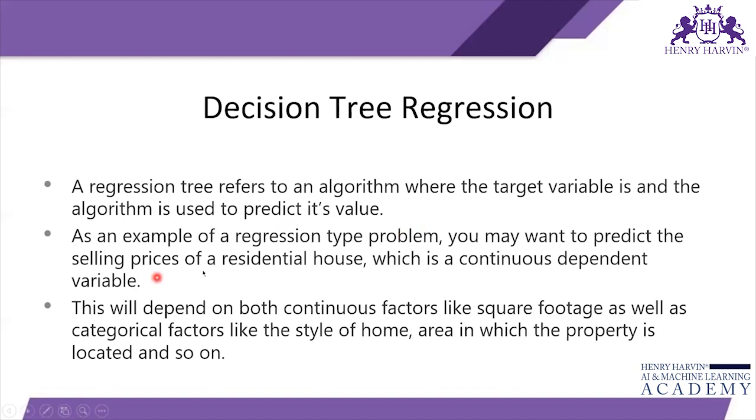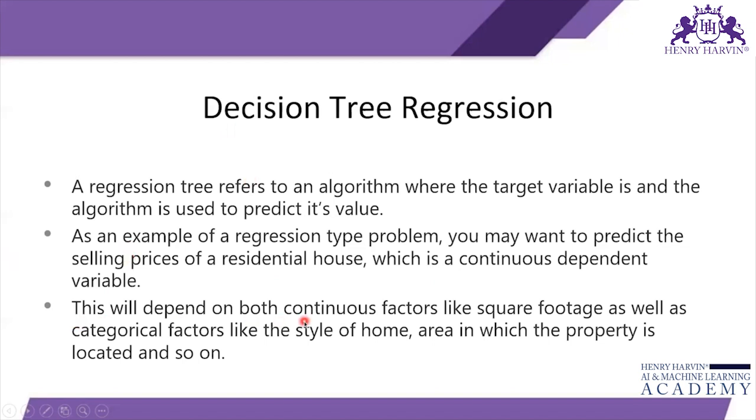As an example of a regression type problem, you may want to predict the selling prices of residential houses, which is a continuous dependent variable. So when we have a continuous dependent variable, then we use decision tree regression, like when we have to predict the price of a house.